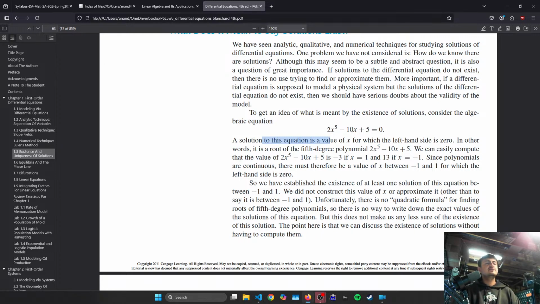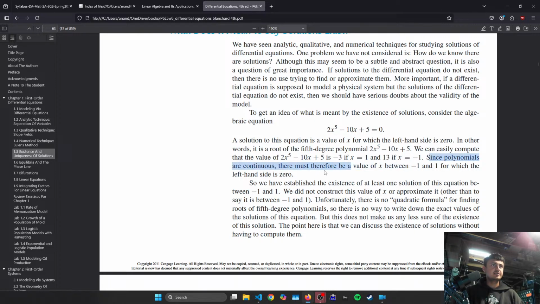A solution to this equation is a value of x for which the left-hand side is 0. In other words, it is a root of the fifth degree polynomial. We can easily compute that the value is -3 if x equals 1 and 13 if x equals -1.